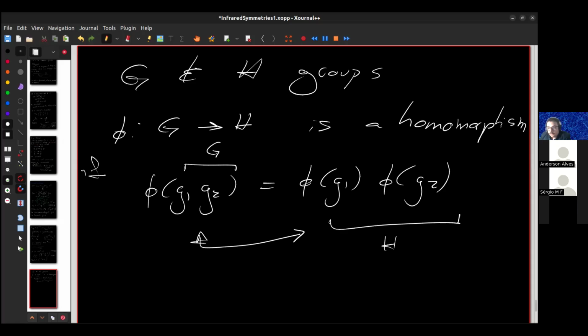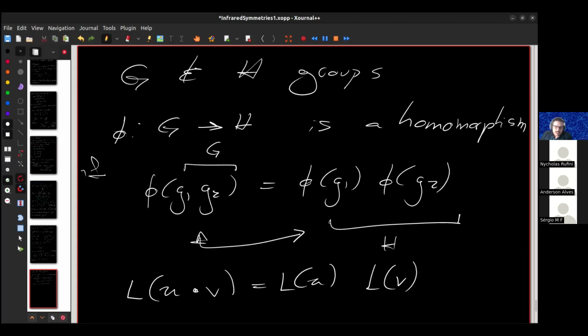This is very similar to a linear transformation, which would have, for example, L(u plus v) equals Lu plus Lv. If I just change the notation here, you see that I get essentially the same thing.